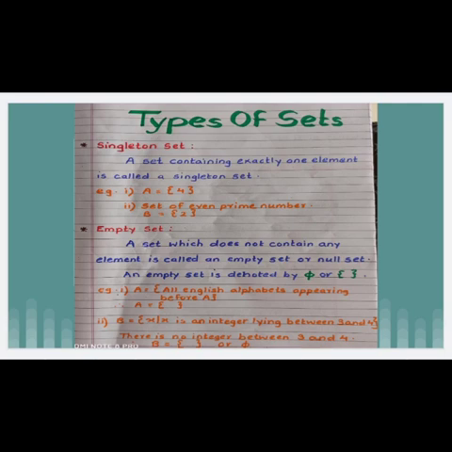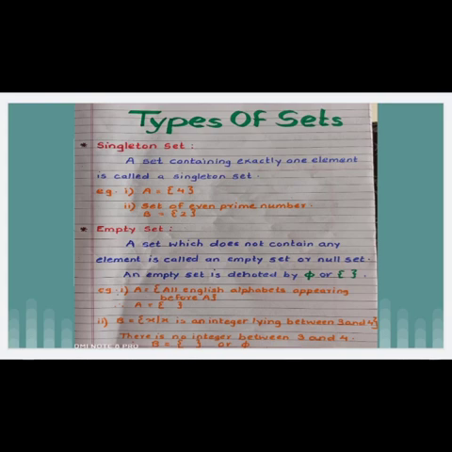Singleton set. A set containing exactly one element is called a singleton set. Example, set A containing only one element, that is 4.